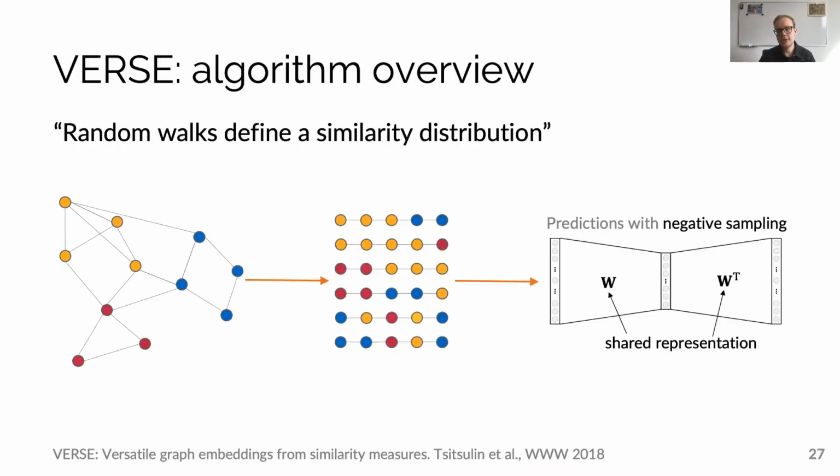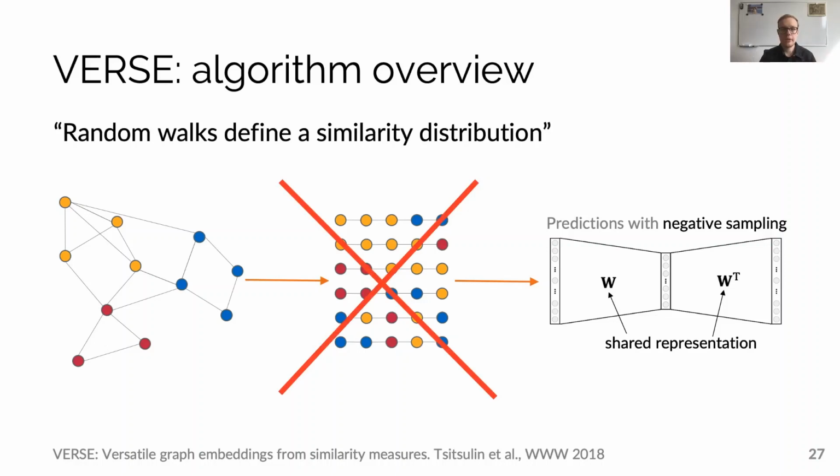So I tried to simplify, and I proposed an algorithm that was accepted at WWW 2018. It's called VERSE. The idea there is basically that we have been studying random walks a lot in graphs, and random walks define a similarity distribution among graph nodes. So instead of using this random walks corpora, let's try to use similarity distributions directly.